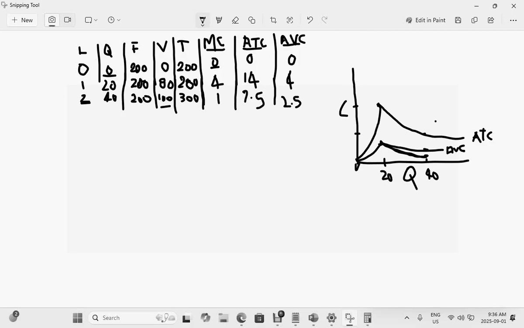Now, your marginal cost, again, you start off at $4 for 20 units. And then as you produce more units, let's say 40 units, your marginal cost is reduced to a dollar. Again, this has to do with economy of scale, the change in cost. This is high initially.